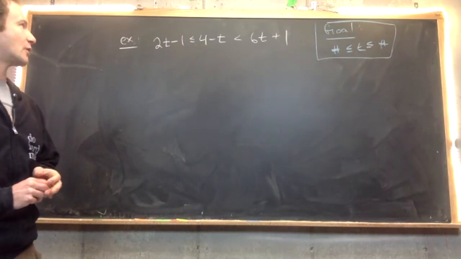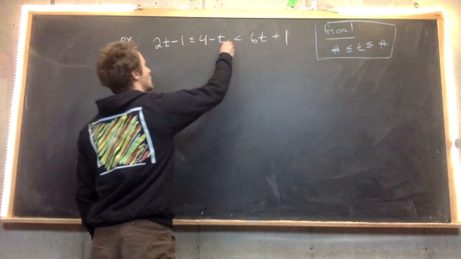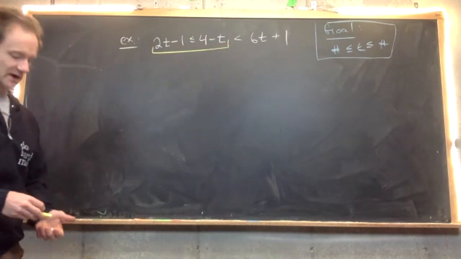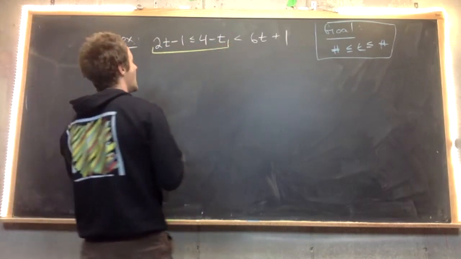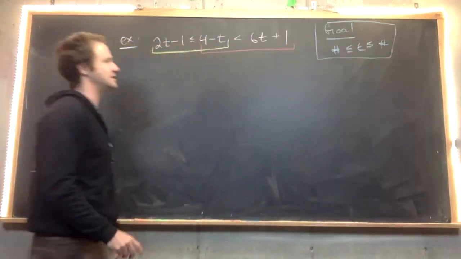And so that's exactly what we're going to do. We're going to think about this as two different problems. One is given by 2t minus 1 is less than or equal to 4 minus t. And the other is given by 4 minus t is less than 6t plus 1.